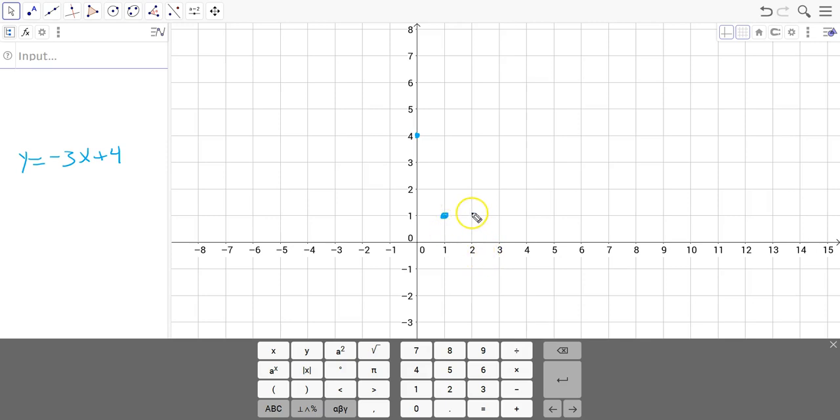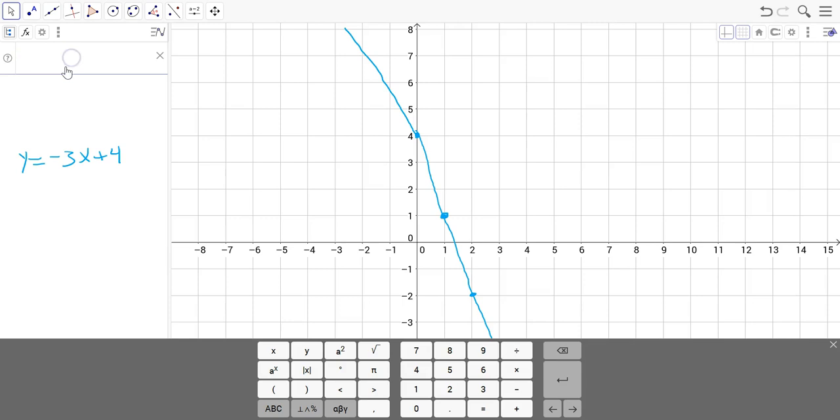And if we go over 1 and down another 3, 1, 2, 3, there is going to be another point on the graph. And so we'll connect these with a straight line. And that very roughly is the graph of this function. Let's have Geogebra do it for us.